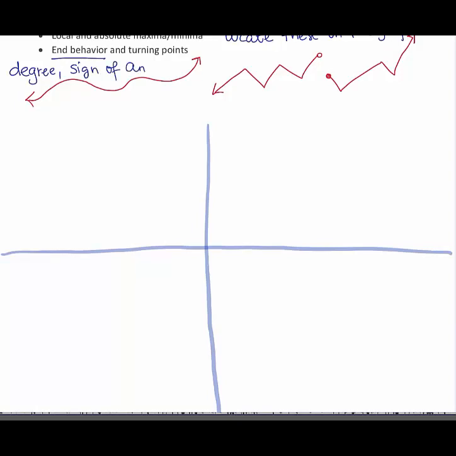As far as degrees go, we can have even or odd degrees. So let me write even over here, and then here I'm going to write odd. And as far as the leading coefficient goes, plus or minus. In this case, I'm going to write n is greater than 0, so that's positive.